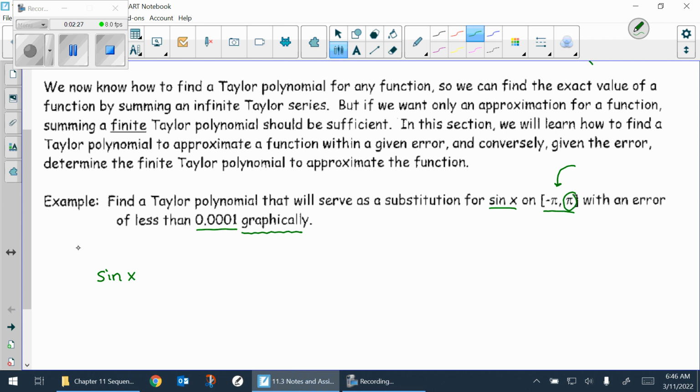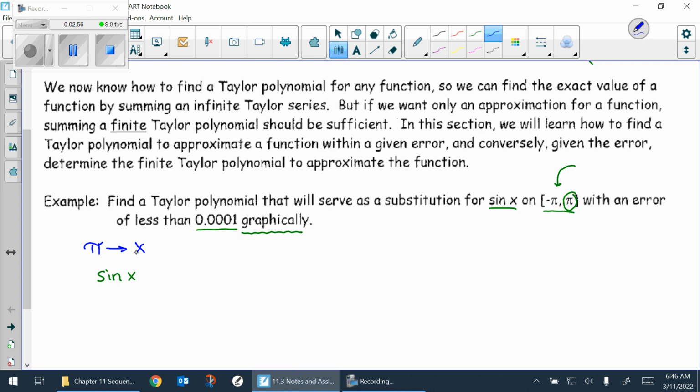The first thing I'm going to do on my calculator is take pi and store it. The store button is just to the left of the 1 and the 4. Let's store pi in x, and then I press enter.